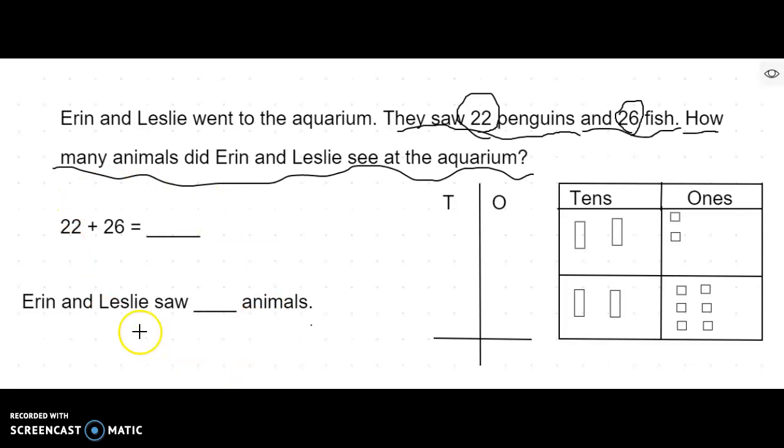Now that I have this set up, I'm going to start using my strategies to solve. So my equation is 22 plus 26. I'm going to fill this out right now as a vertical problem. 22 plus 26.